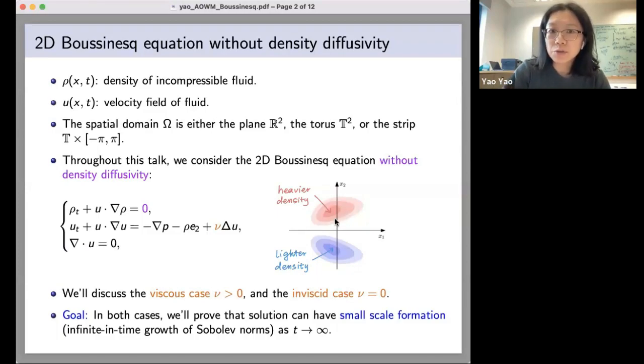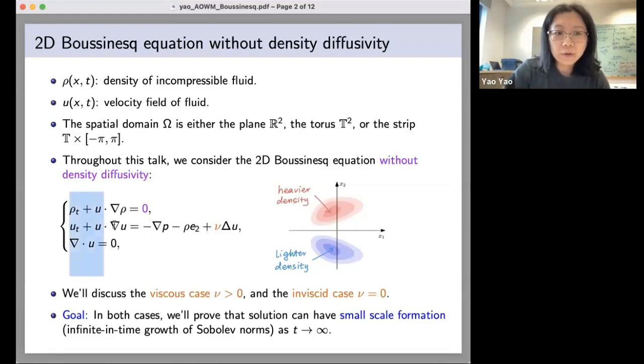I'm going to use red to denote positive rho and blue to denote negative rho. Negative rho doesn't really mean that the density is negative. We can think about the 0 value as the mean density, so red and blue just indicate whether the density is heavier or lighter than the average density.